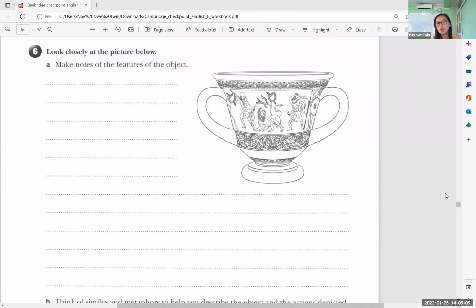Okay, so if the connection is okay, please open your camera, okay? Is it really noisy from my side?